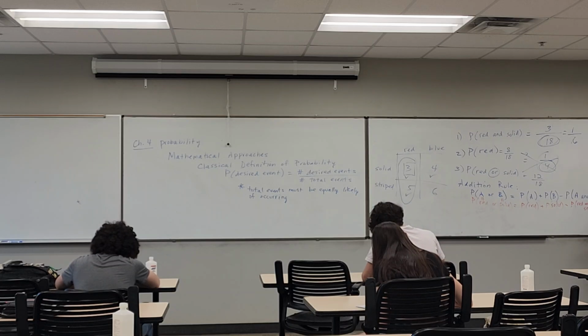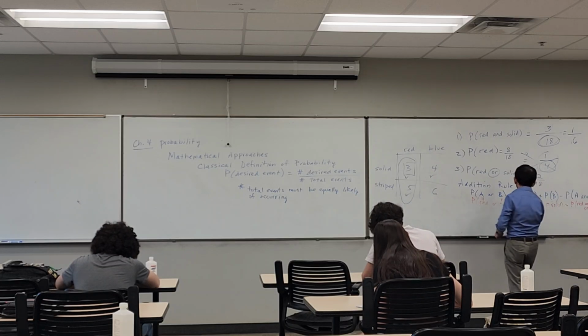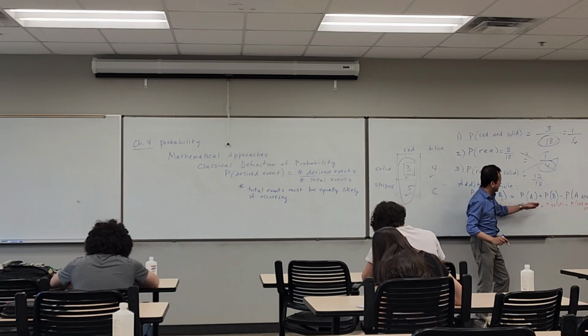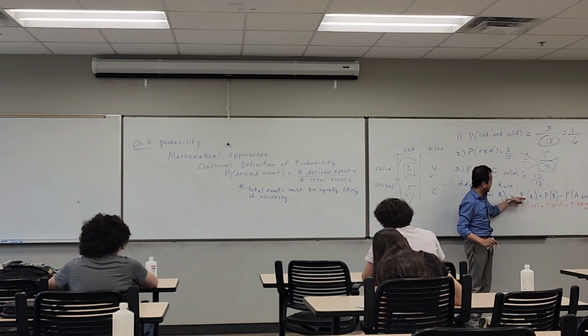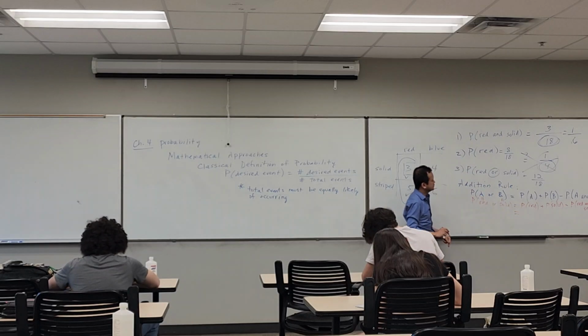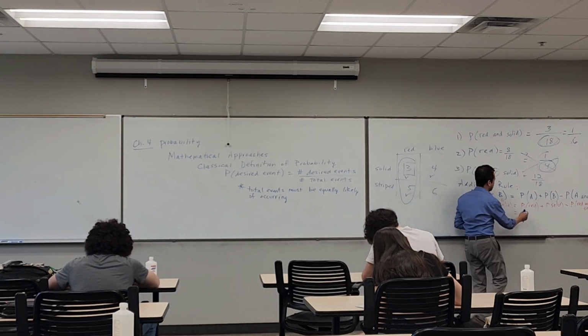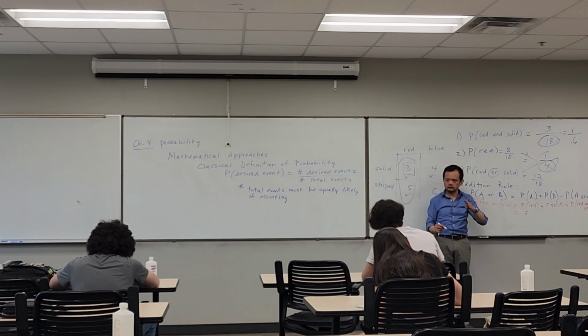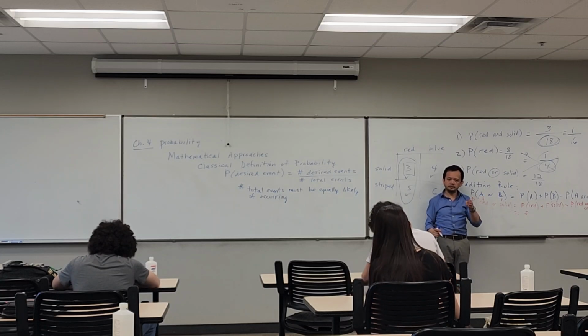Now let's go ahead and substitute in the numbers for this addition rule. What's the probability of red in our example? 8. Yes, we did that in the previous example, 8 out of 18. Remember, any probability is a number between 0 and 1. 0 means it's impossible to happen, 1 means it must always happen, and then you have probabilities of anything in between.